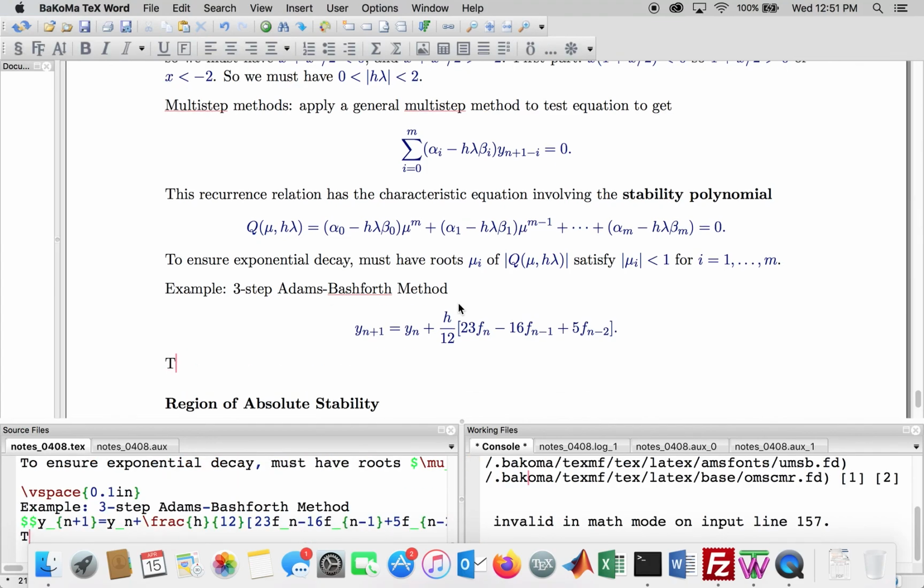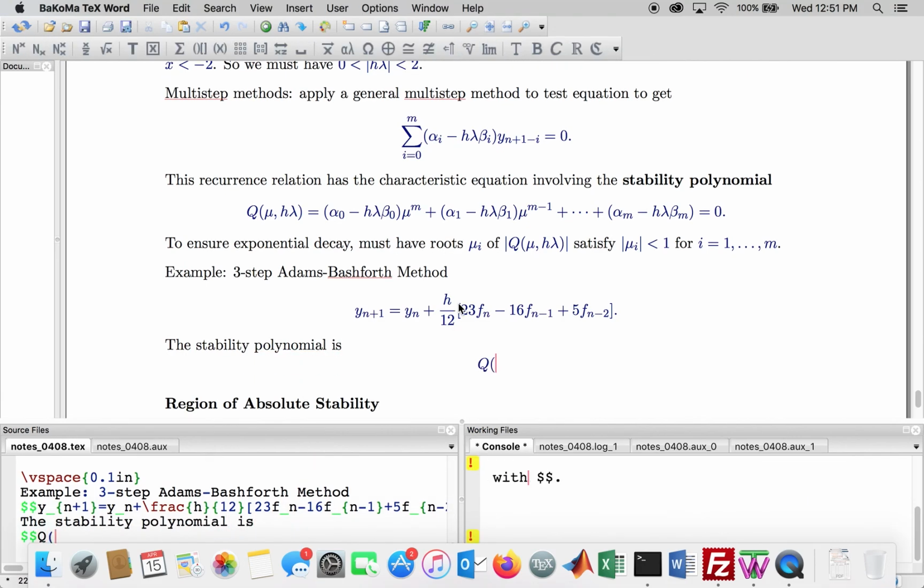So the stability polynomial, that'd be Q of mu, h lambda. To get the coefficients, we have alpha 0 is 1, alpha 1 is minus 1, and then here are the betas. Beta 0 is 0 because it's an explicit method.